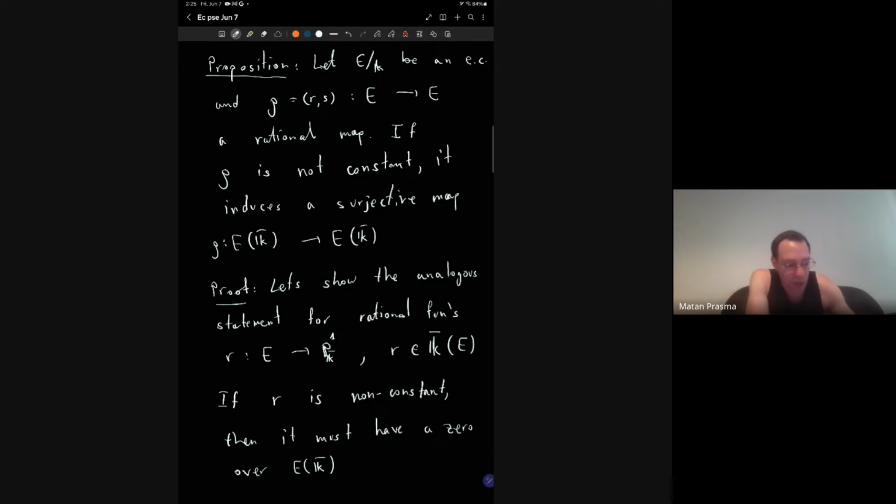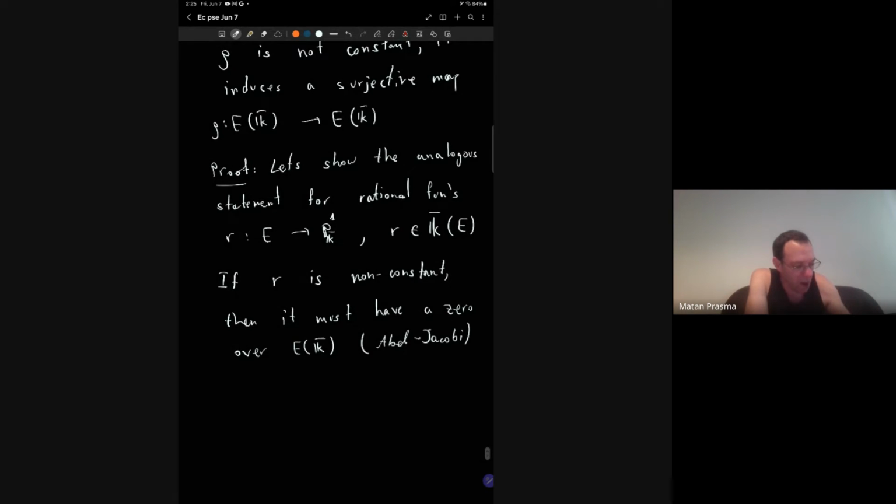So essentially, it must have a zero because of Abel-Jacobi. The numerator of R is a polynomial, and this polynomial must have a zero by Abel-Jacobi, or some similar statement.